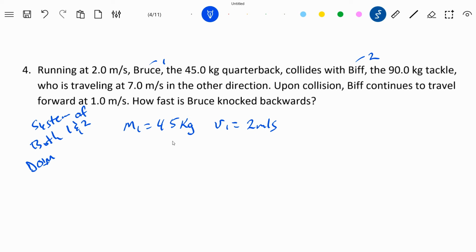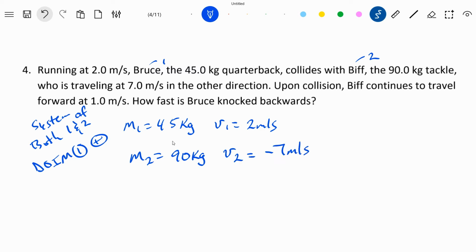So the direction of initial motion for number 1 is positive. Whichever way Bruce was running, that's my positive direction. So M1, 45 kilograms, V1 is 2 meters per second, collides with Biff. So M2 is 90 kilograms, traveling at 7 meters per second in the other direction. So V2 is negative 7 meters per second, just the way I chose to define my directions.